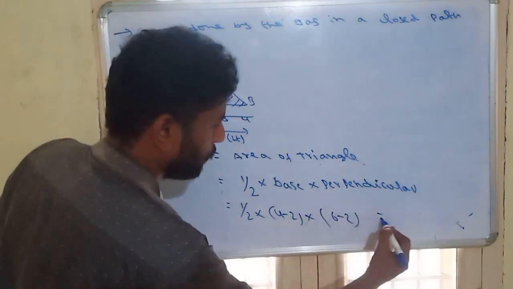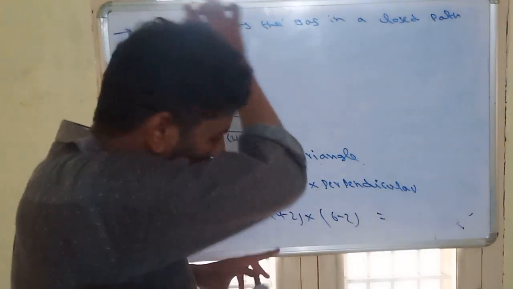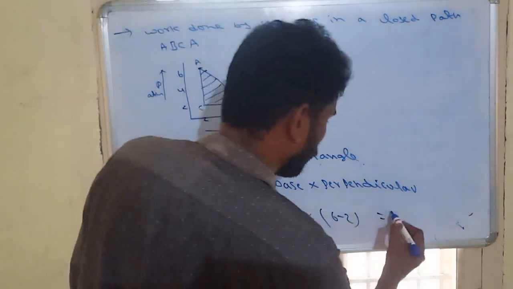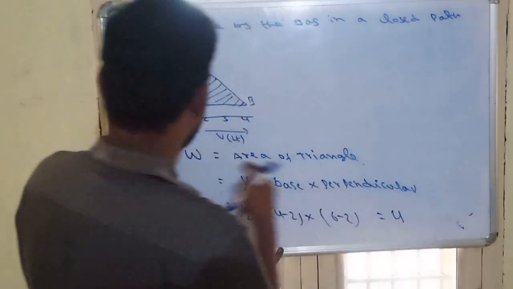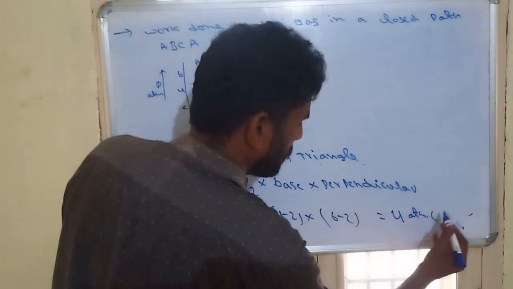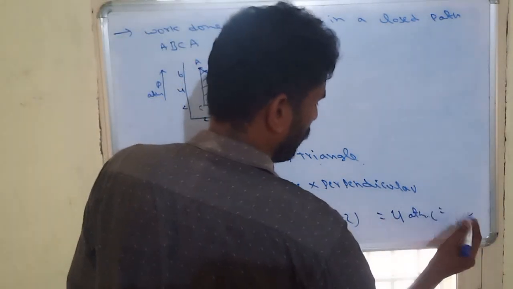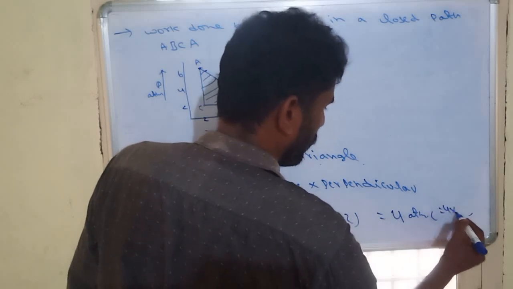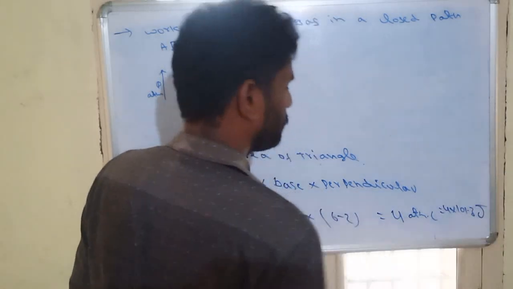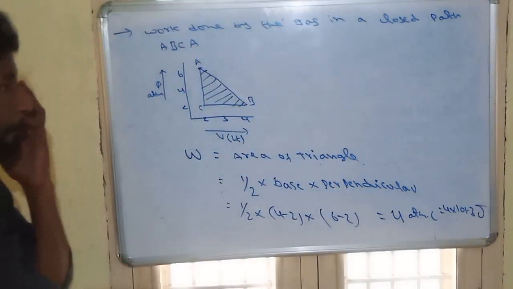So 4 minus 2 will be 2, so 2 will be cancelled. 6 minus 2 will be 4. So this is 4 units of pressure in atmosphere, volume in liters, atmosphere liters. Or also 4 into 101.3 joules. That is the work.